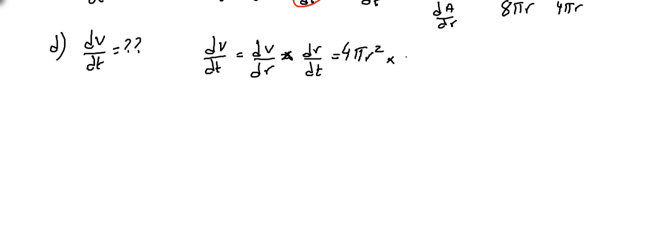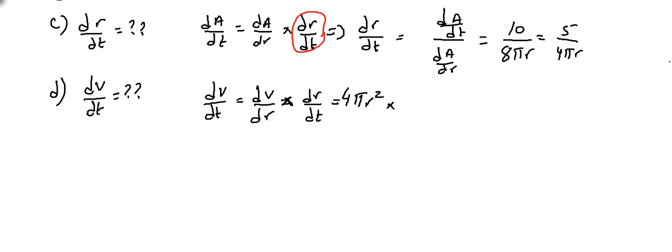What is dr/dt? We found it in the previous question. It's 5 over 4 pi r. The 4 cancels, pi cancels, and r cancels. So the final answer will be 5r. Done.